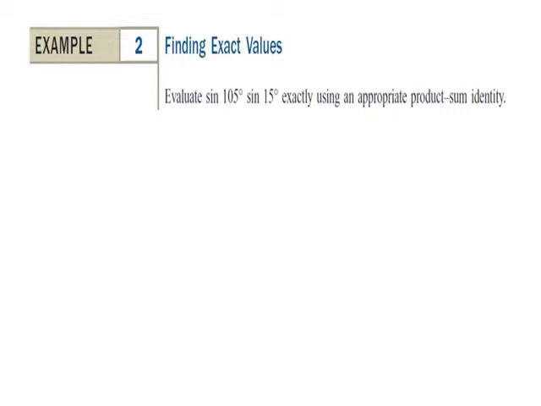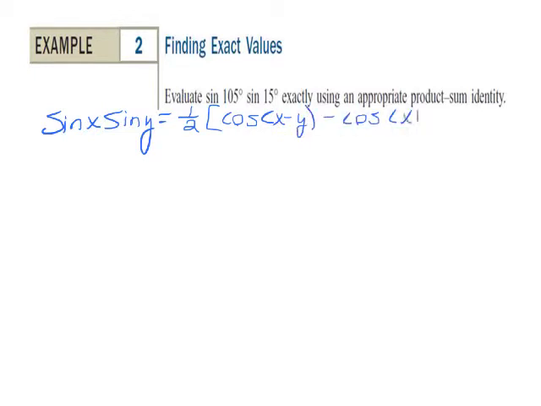Okay, the next one is finding exact values. We're going to do the exact same thing again. So we're going to use the sine of x sine y, which is equal to 1/2 the cosine of x minus y minus the cosine of x plus y, and just replace, because what we really have is the sine of 105 degrees and the sine of 15 degrees.